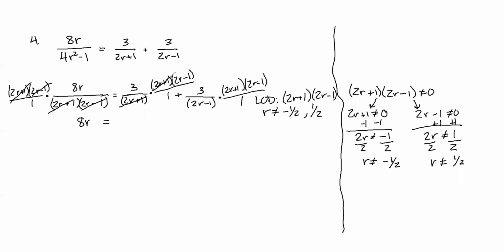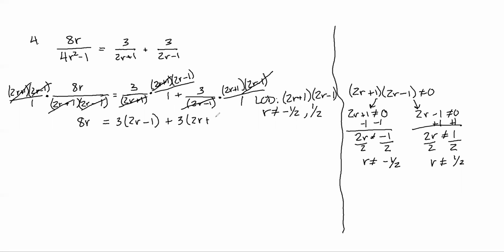And what are we left with? Well, we're left with a 3 times 2r minus 1. So I'm going to put 3 parentheses 2r minus 1 plus. Now let's see what we can cancel here. We can cancel out the 2r minus 1s. We're left with 3 times 2r plus 1.